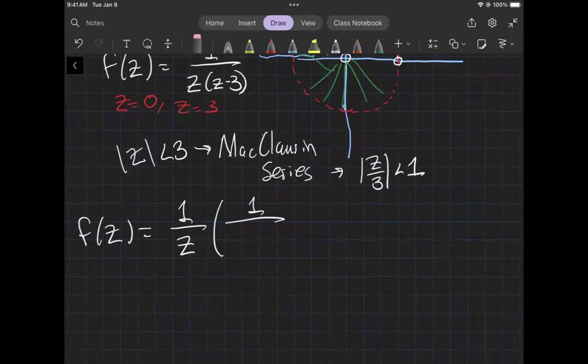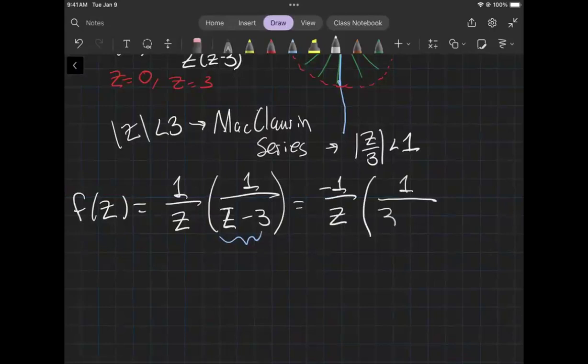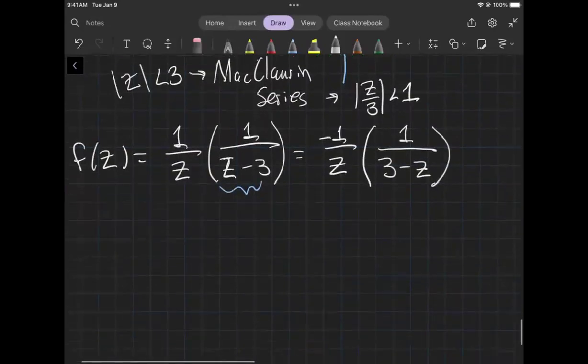So I'm going to factor out a minus sign in this term. I can re-express f of z as minus 1 over z times 1 divided by 3 minus z.